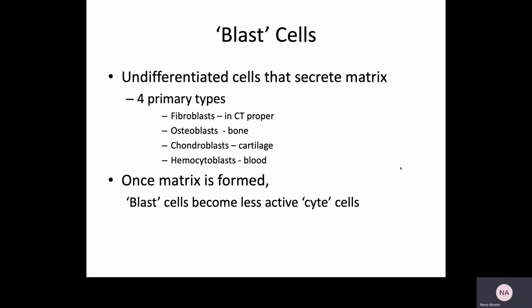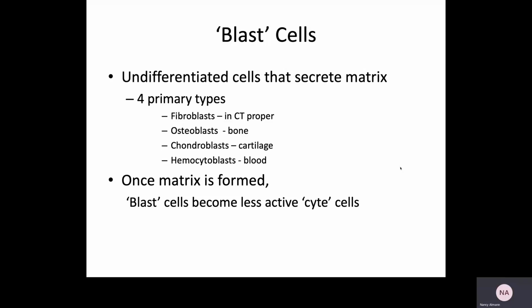Blast cells: when you hear blast, think baby cells. These are the cells that are laying down matrix. They are often undifferentiated, but they generally do give rise to certain types of tissue. Fibroblasts, we know, will be in many of the connective tissues. Osteoblasts are baby bone cells that are laying down matrix. Once the matrix is formed, blast cells morph into cytes, which are less active.